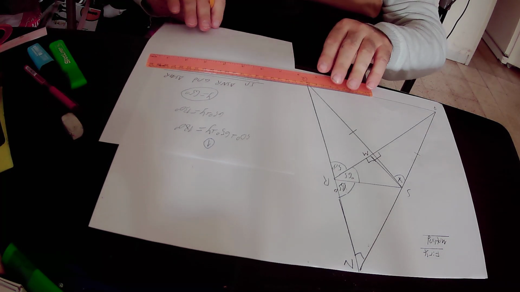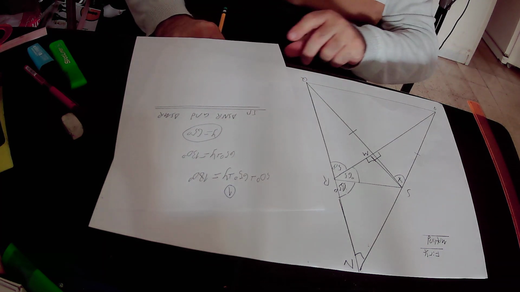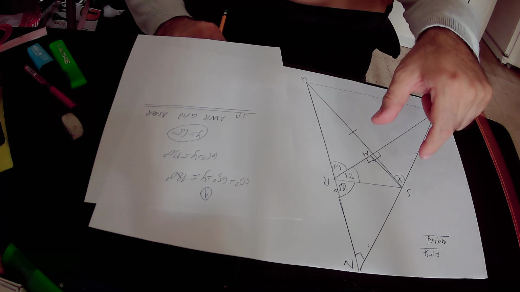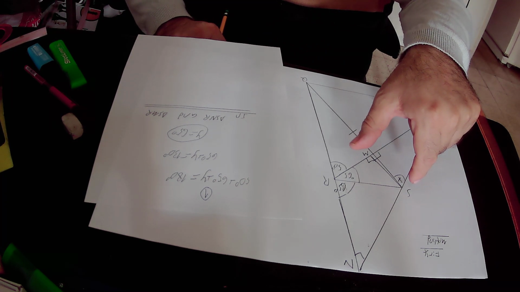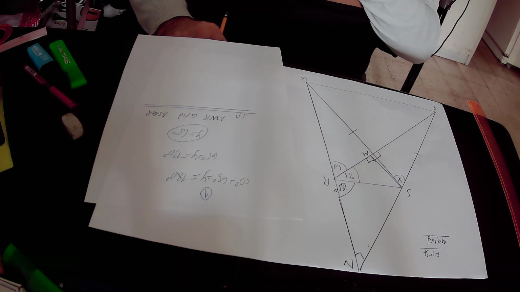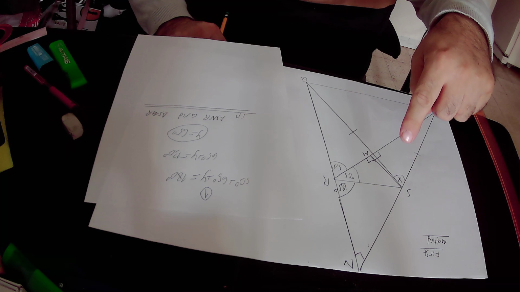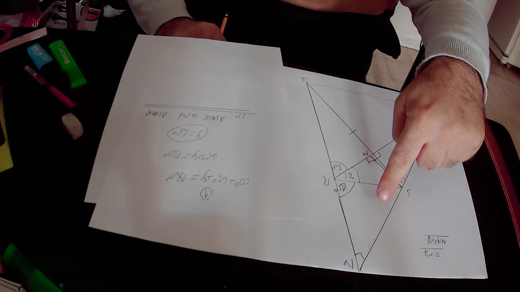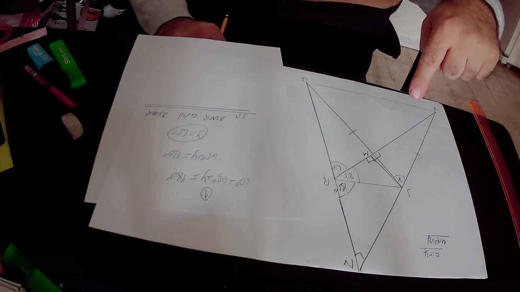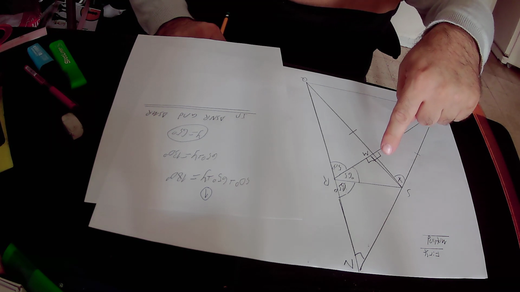So, first of all, we have a common side, SR. Side SR is a common side. It belongs to both triangles, to the right triangle SNR, and SR also belongs to the right triangle SMR.